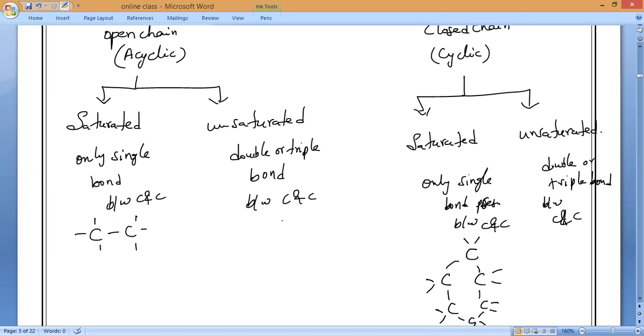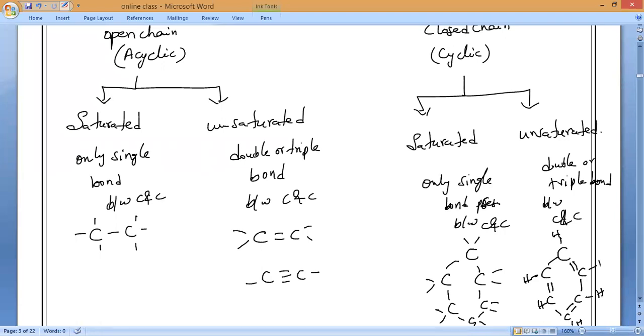Now double bond, C double bond C, or C triple bond C. Like here also we will get, suppose C, C, C and C. Observe, I will draw. If alternate carbons have a double bond, then every carbon will get only one hydrogen. So I'm drawing an example, guys. In place of that, if we make a triple bond, it will also come. Are you clear, everybody? Please respond.